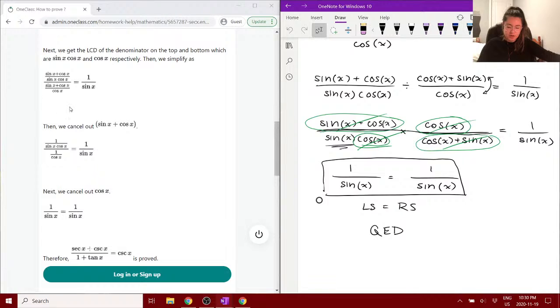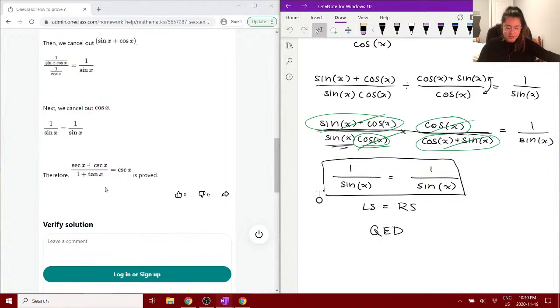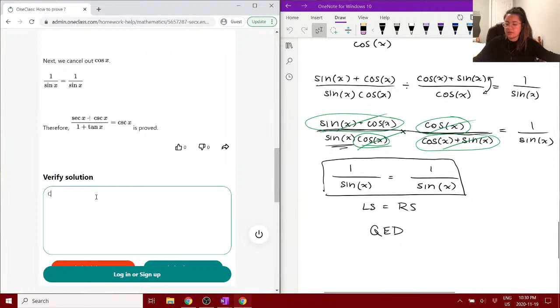They canceled out while still in fraction form, which you can also do, so you can skip this reciprocal business if it makes sense to you already, and you will end up with the same proof. So we have the correct solution. And we can move on to the next question.